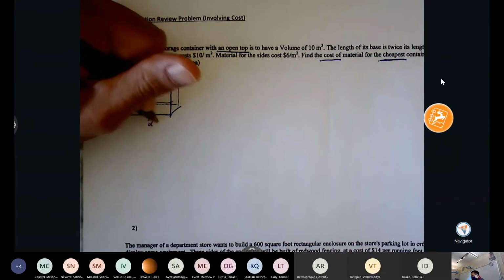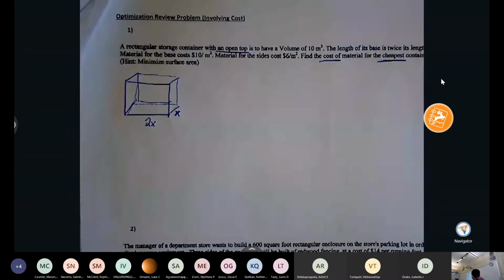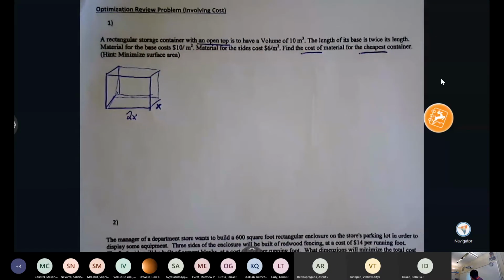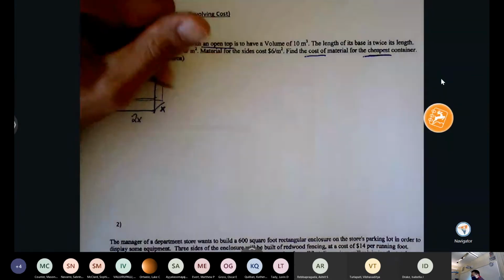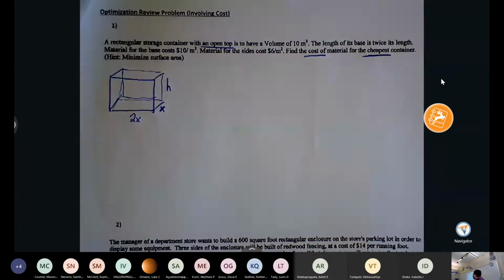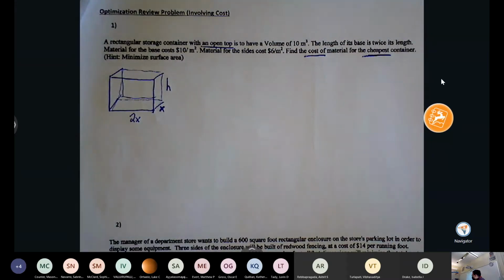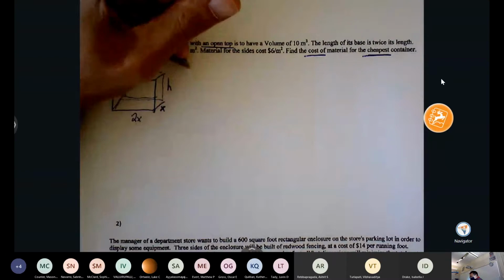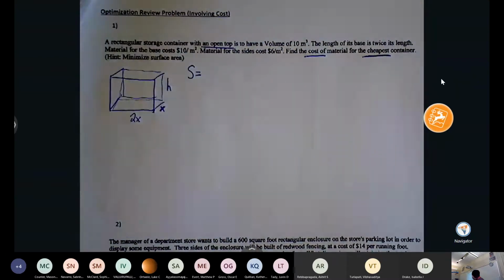So I'm going to call one side 2x and the other side x. The problem did not establish a relationship between the base lengths and the height, so we have to use a different variable there, so h. So it's the surface area that is going to be involving cost. So let's build the surface area first, and then we can work in the cost later.